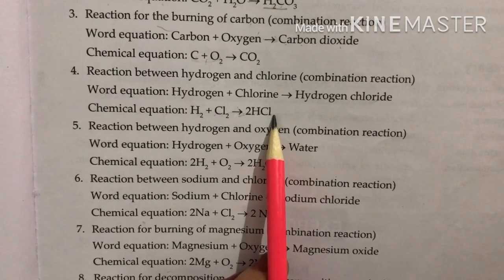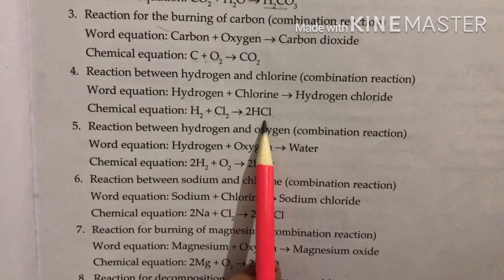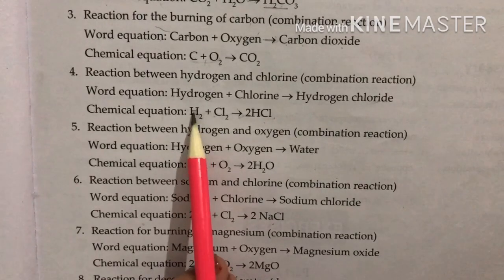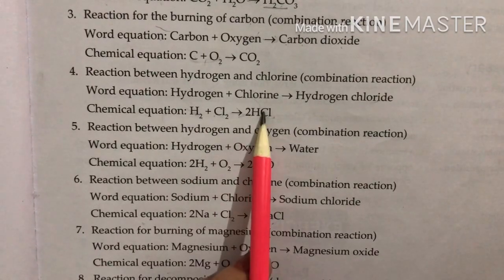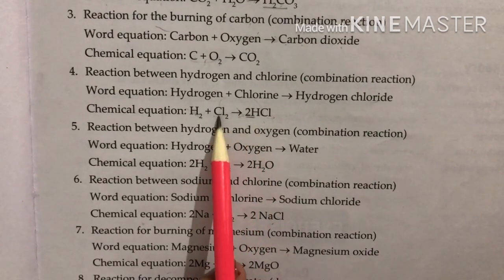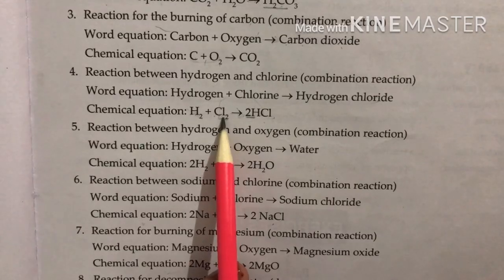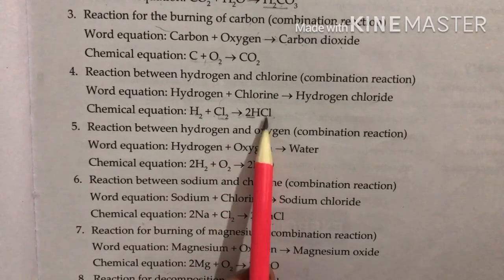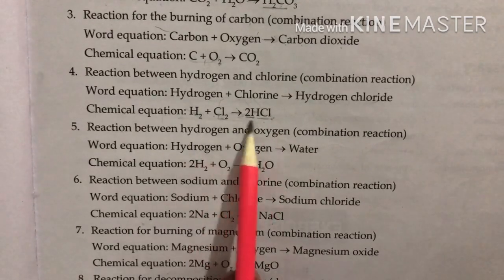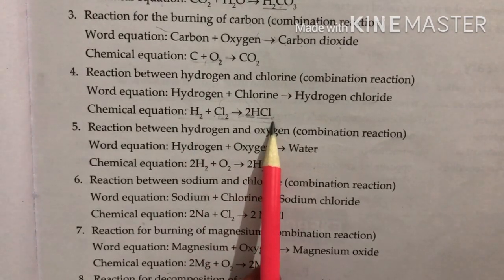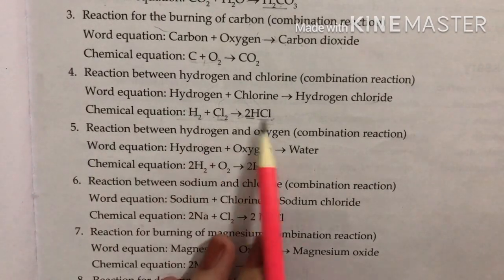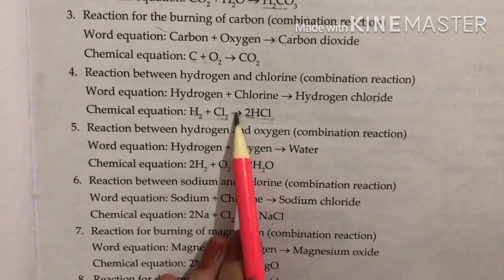You can see this is a balanced equation, because if 2 hydrogen atoms are present on the left-hand side, 2 hydrogen atoms are present on the right-hand side. If 2 chlorine atoms are present on the left-hand side, 2 chlorine atoms are present on the right-hand side. So the number of atoms of the elements is the same on both sides of the arrow.